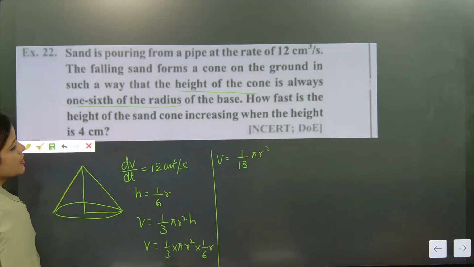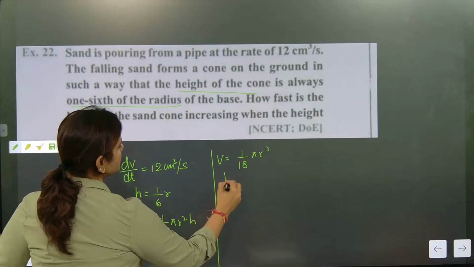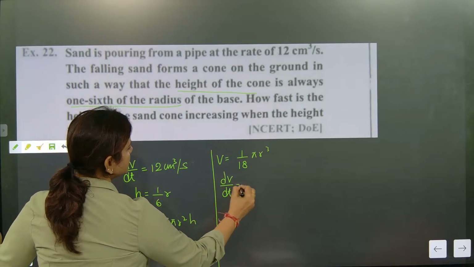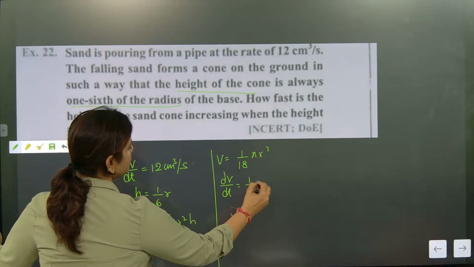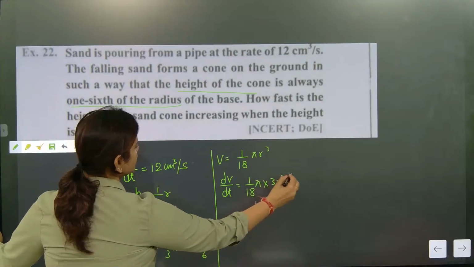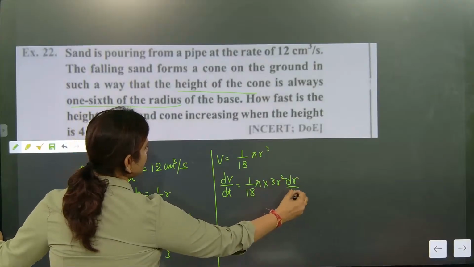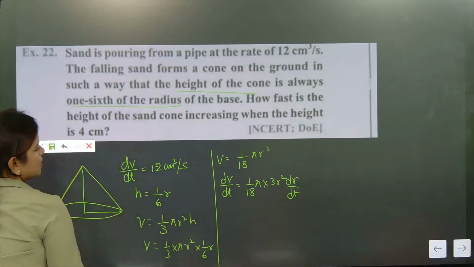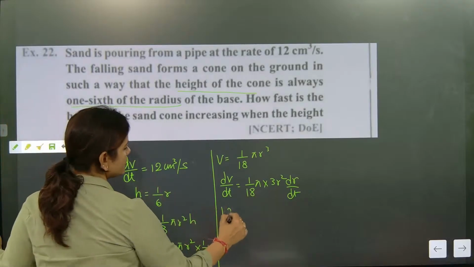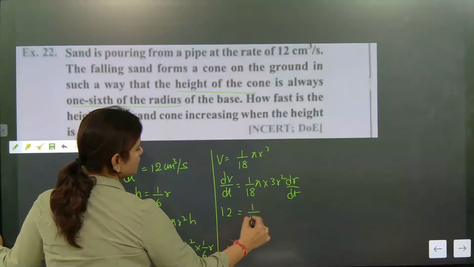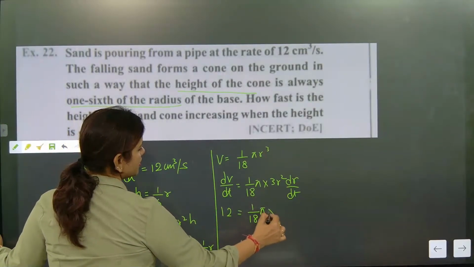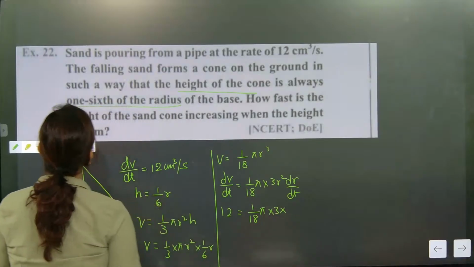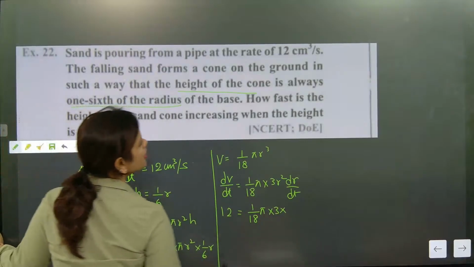Okay. So now we are solving it. dv by dt is equal to 1 by 18 pi into 3r square dr by dt. Done. Volume rate is given as 12. Sorry, height.